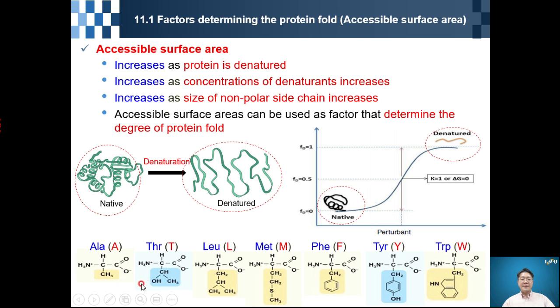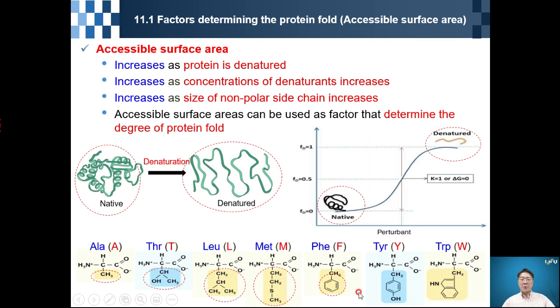And also the accessible surface area is increased with side chain size. These are the side chains of the non-polar amino acids, starting from alanine, threonine, leucine, methionine, phenylalanine, tyrosine, and tryptophan. If you see the size of the non-polar side chain, alanine is composed of a methyl, and this is threonine, leucine, and methionine.